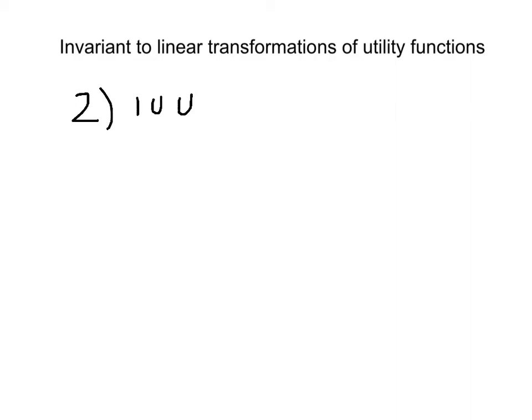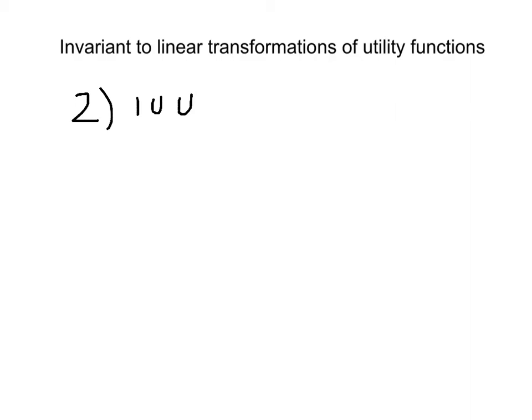So the key idea here is that the bargaining solution does not involve interpersonal comparisons of utility, because we can freely choose to represent utility of the parties differently. I'll come back to this point.